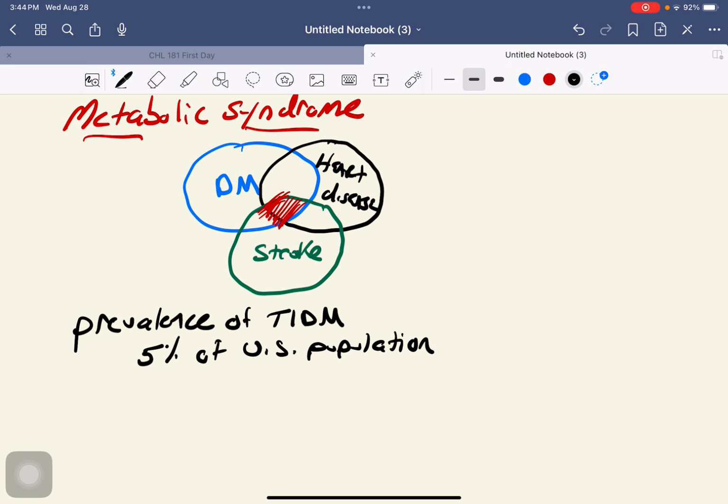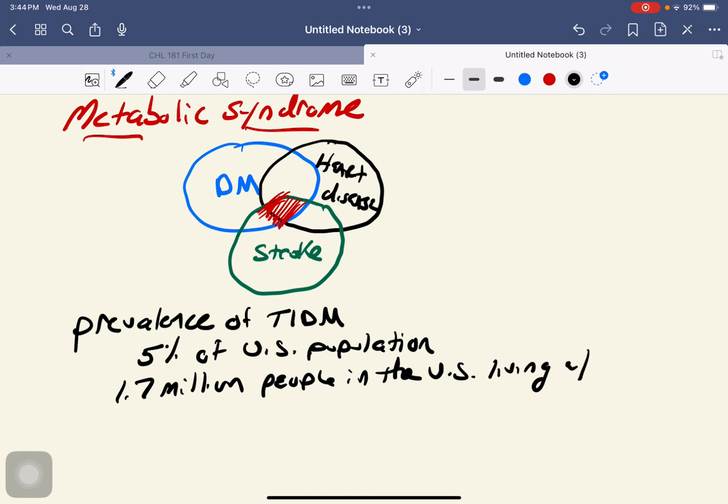It's about 1.7 million people in the U.S. living with type 1 diabetes mellitus. So millions of people living with diabetes. So it's about maybe 4.85% of the U.S. population living with type 1 diabetes.